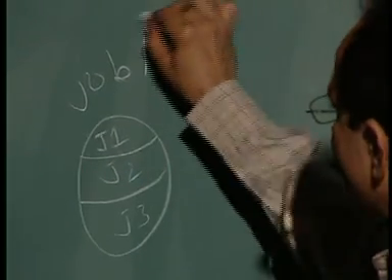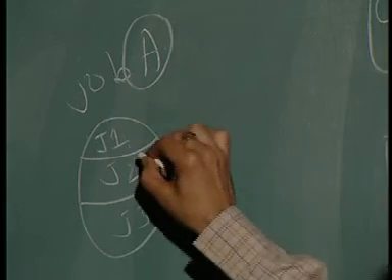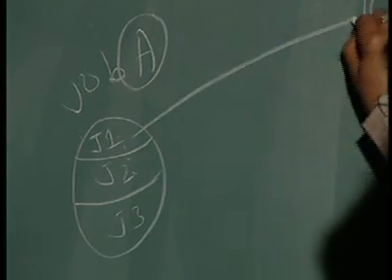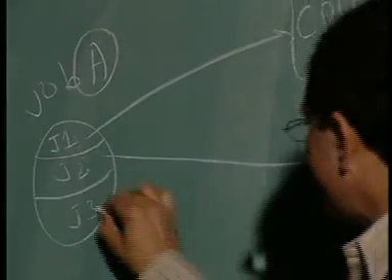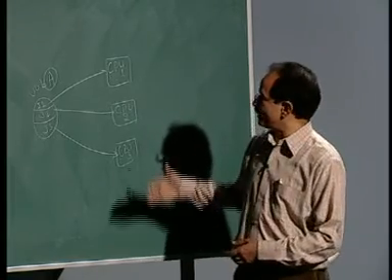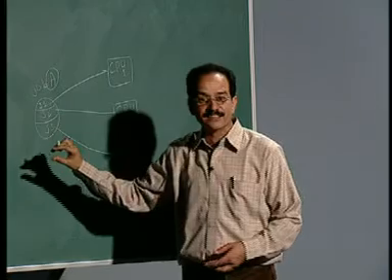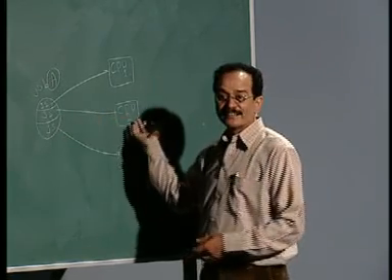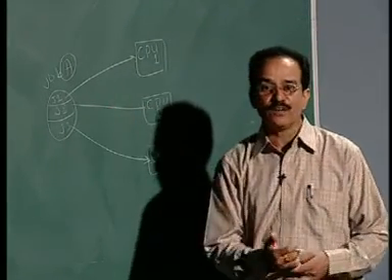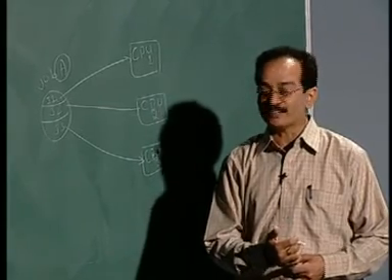Mind it, it is job A which has been broken into 3 components. So, I allocate this part to this CPU, this part to this, and this part to this. A system whereby we are doing some of the jobs in parallel, we call a parallel system. To have this sort of a system, I have to think of parallel operating systems.